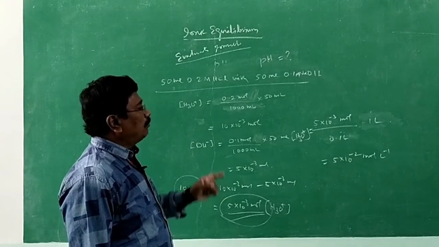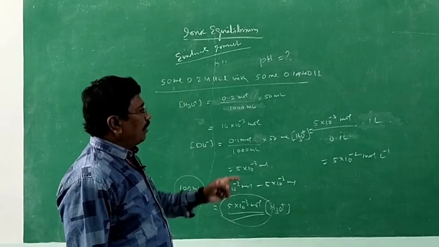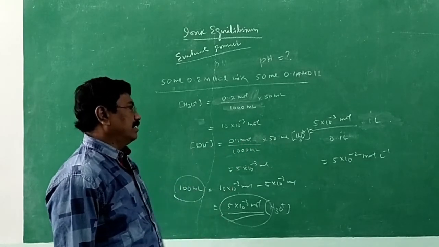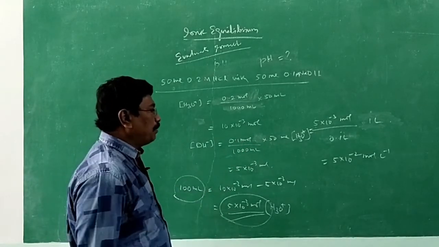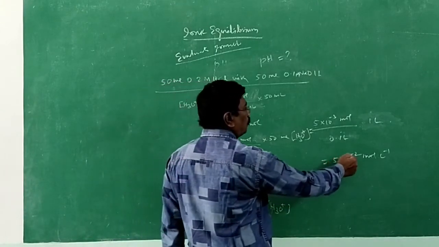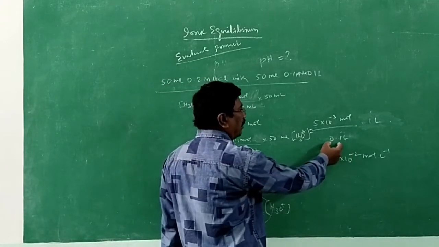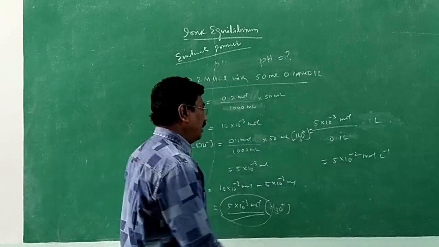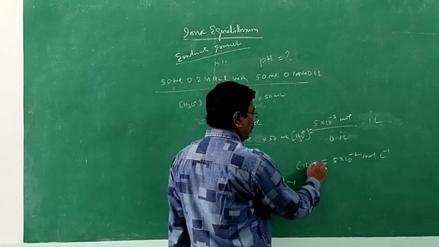Out of 1 liter, 5 into 10 power minus 2 mole is present. That is said to be concentration. That is hydrogen ion concentration. Now we have to calculate pH.